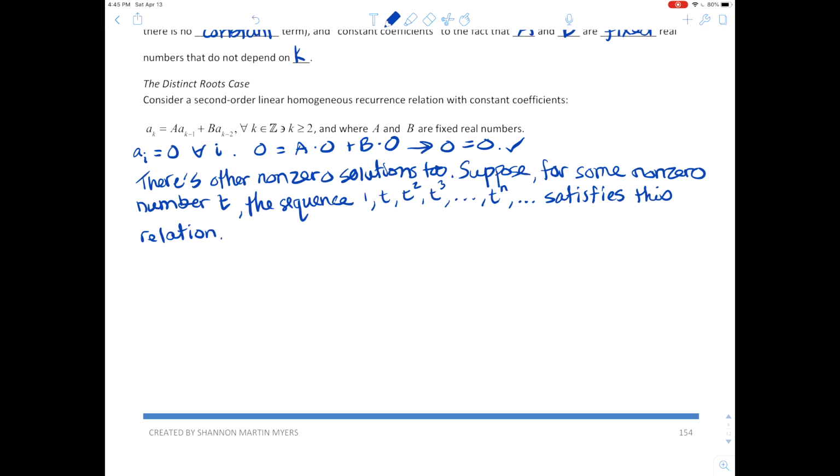So what does this mean? This means that each term of the sequence is going to be a times the previous term plus b times the term before that.